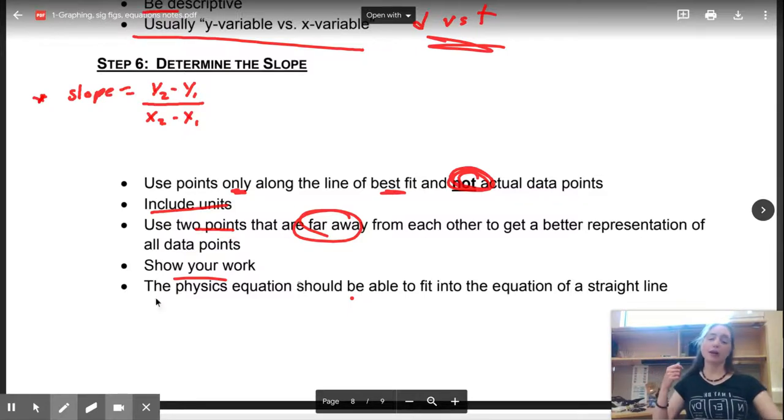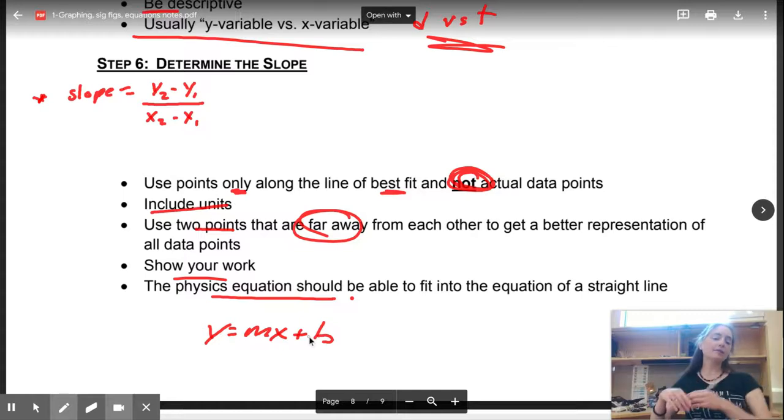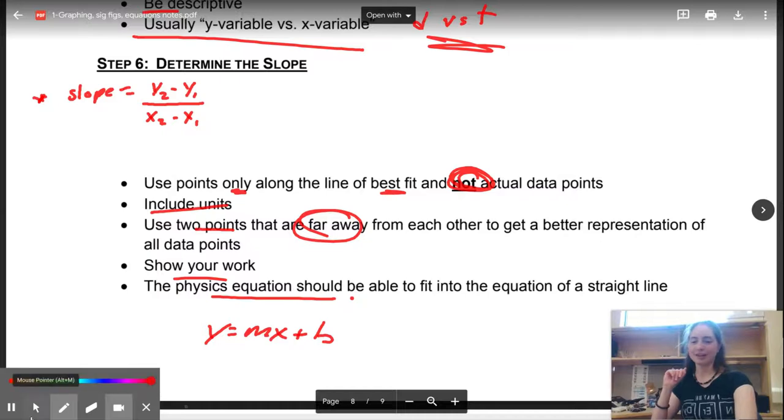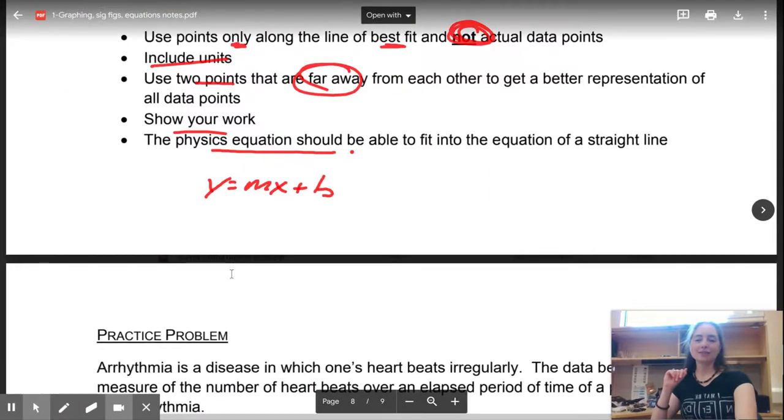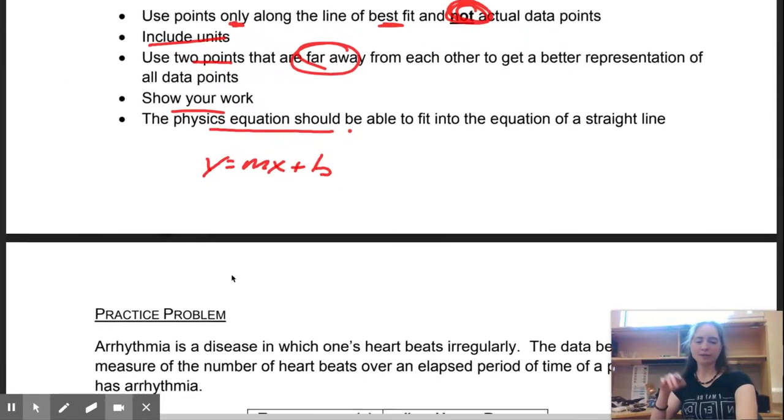And the physics equation should be able to fit into y equals mx plus b. That is something that we're not going to spend time with in Physics 20. We don't really need it for Physics 20. In Physics 30, we're going to do a ton of stuff with this. So Physics 30, y equals mx plus b. Physics 20, not so much.